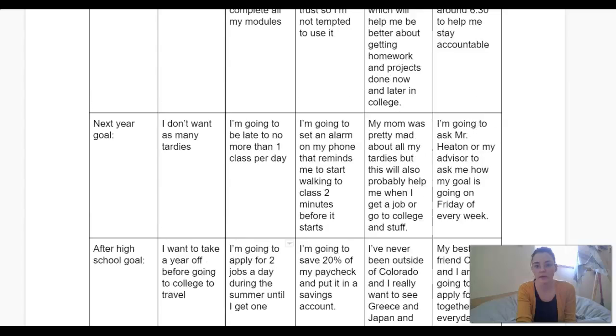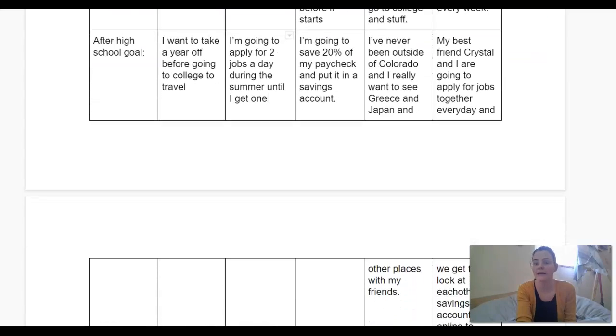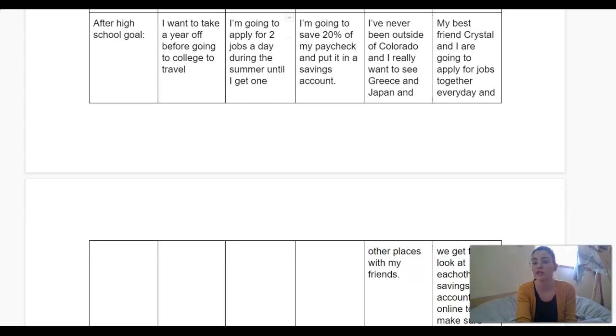And then the next one, and you'll notice kind of a trend in the time-bound one: if you can attach your time-bound goal to checking in with someone, you are so much more likely to follow through. Having to check in with someone is really the only way I follow through with goals. That's my advice.